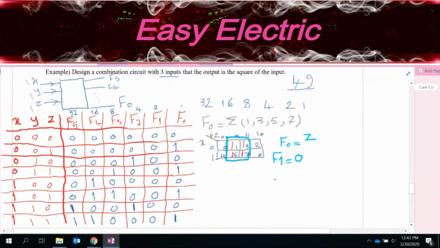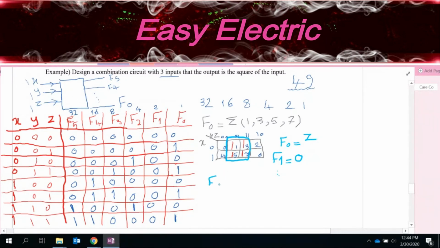Let me do one for you. You could do the same thing for all of them. You need to simplify for F2, for F3, because these are just one. Same thing for F4 and F5. Let's do F4. You take care of F2, F3. I'll write that for F4, okay?